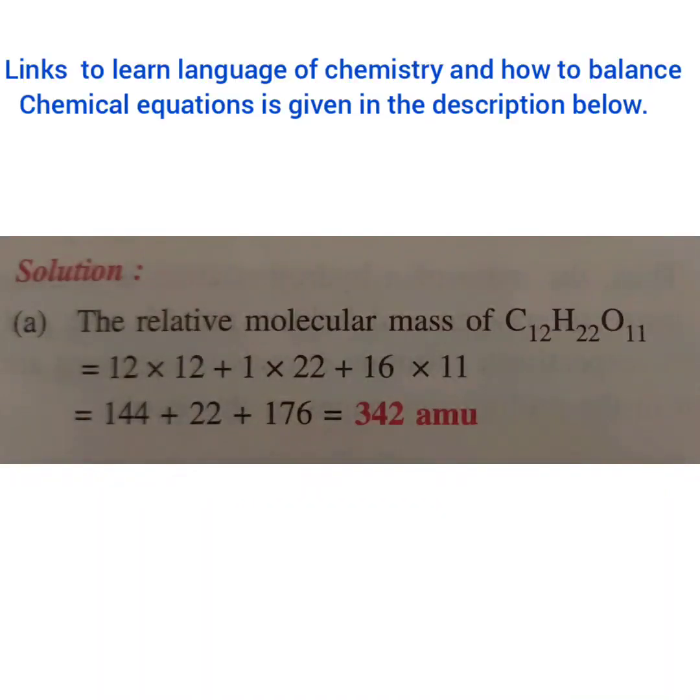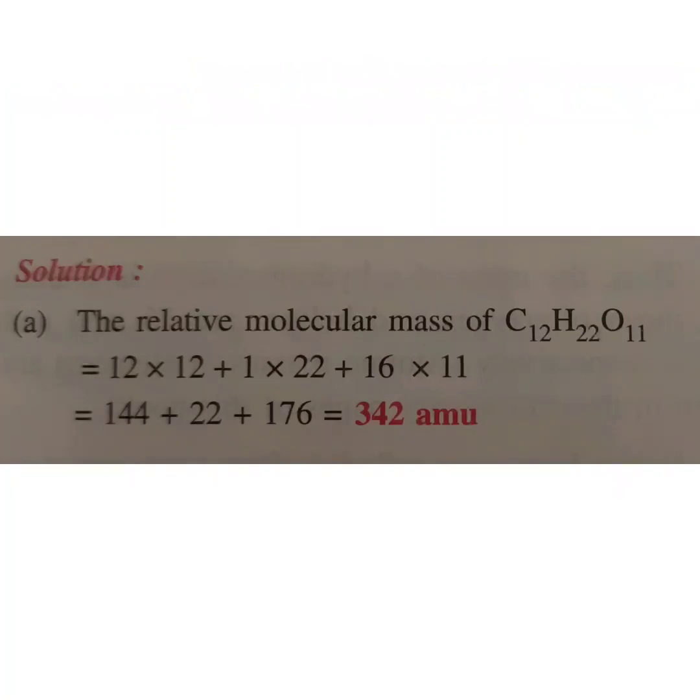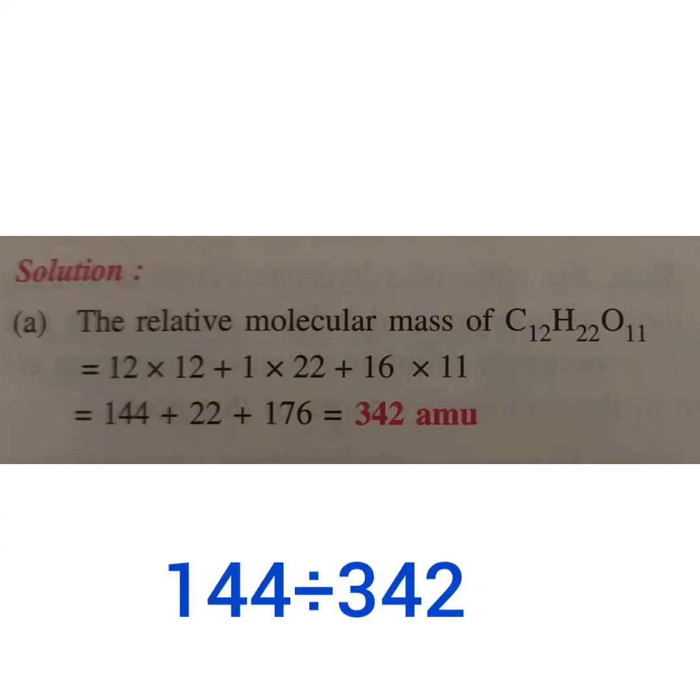If you want to work out more examples, we can take the previous examples. Let's say how much percentage of carbon is present in cane sugar. If you go to your previous numerical, we worked out the carbon value as 144, so you'll write 144 upon 342.